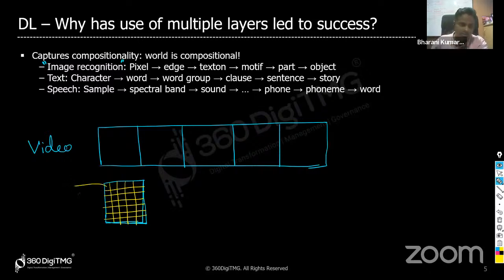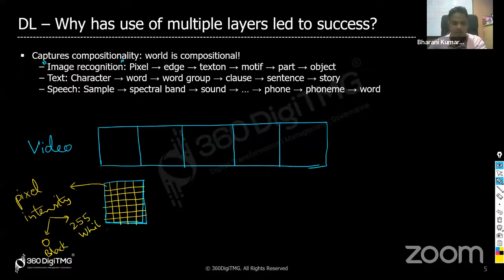And each pixel value will have some pixel intensity. And these pixel intensity values range from 0 to 255. 0 means black, 255 means white. So your human brain first looks at those pixels.